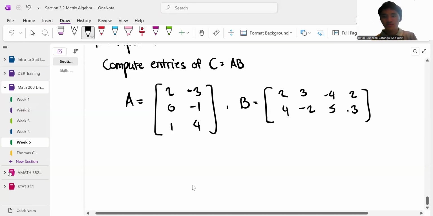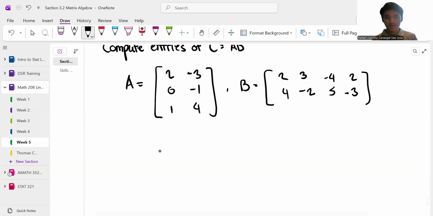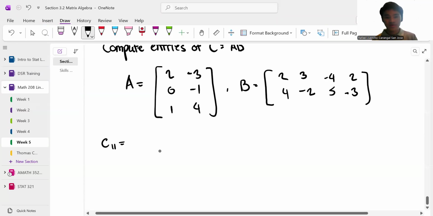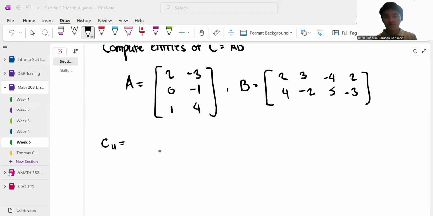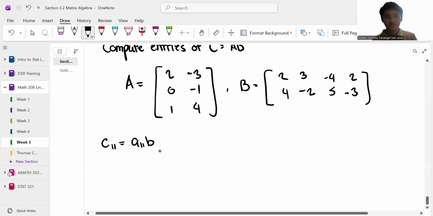Oh, this is negative. Okay, let's see. So let's actually start with C11. The way to compute this is we need row 1 of A and column 1 of B. So we need A11, B11 plus A12, B21, right?